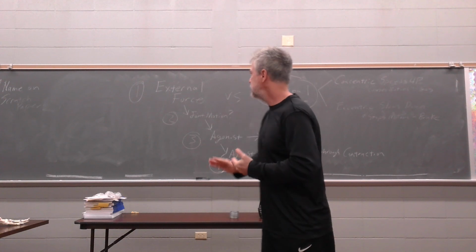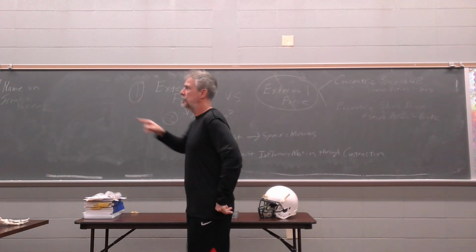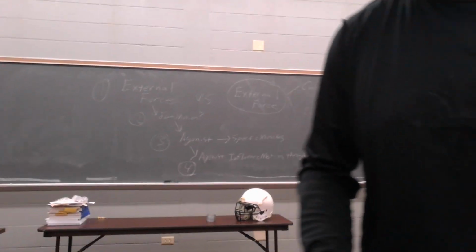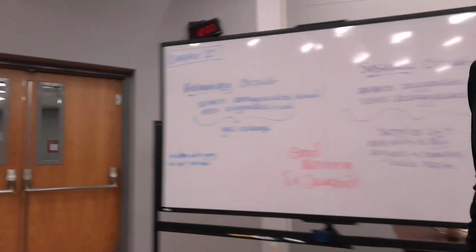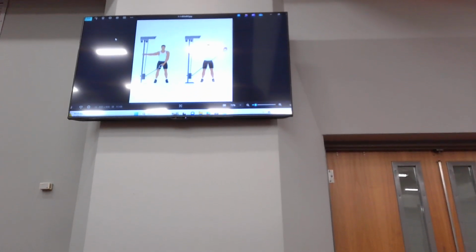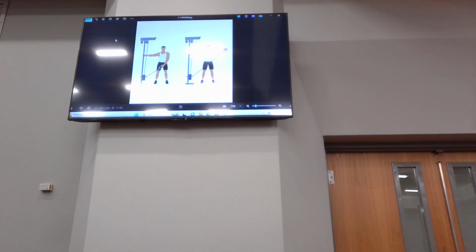What is the external force trying to do to me? I have an example on the board. The machine or the external force is trying to adduct my left shoulder. We can have a scapular conversation, but let's have a shoulder conversation.